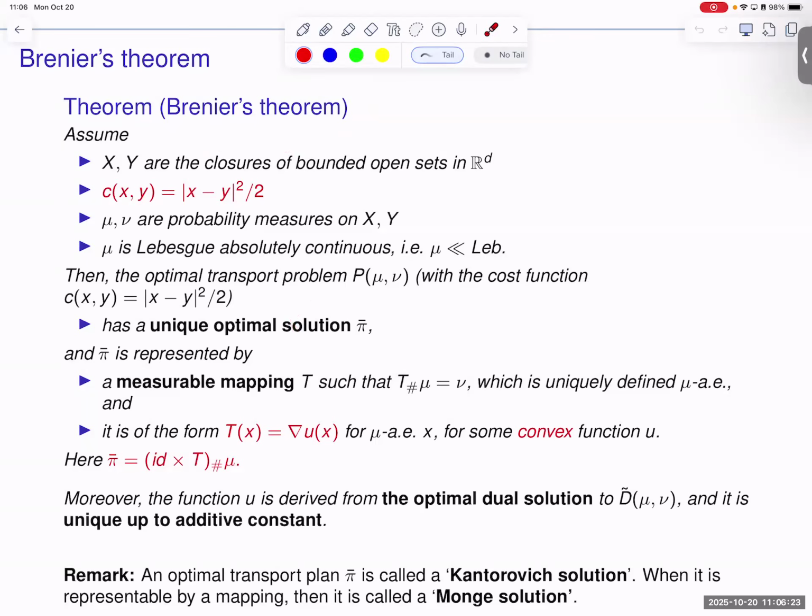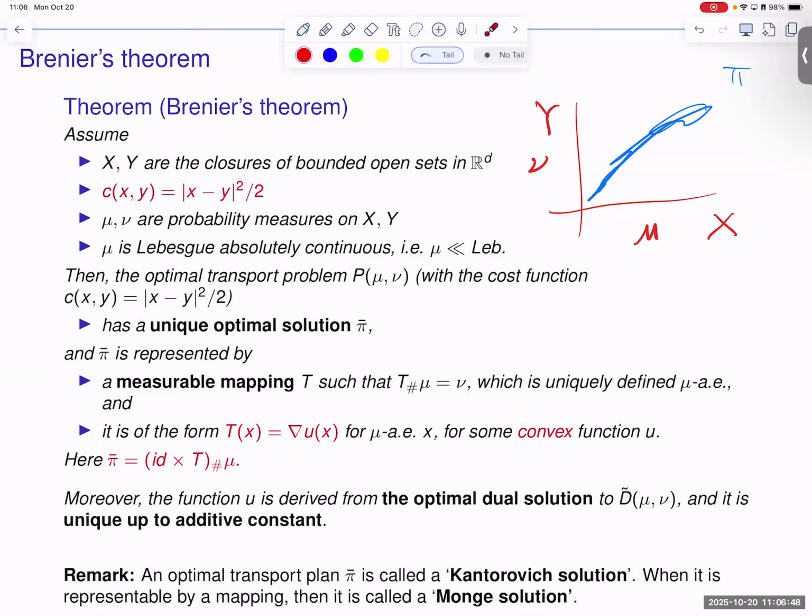So transport plan is just a measure, right? If you remember, we have a source domain and a target domain. You have mu, source measure, and target measure, and then the transport plan is a measure on the product space, like some measure like this, okay?